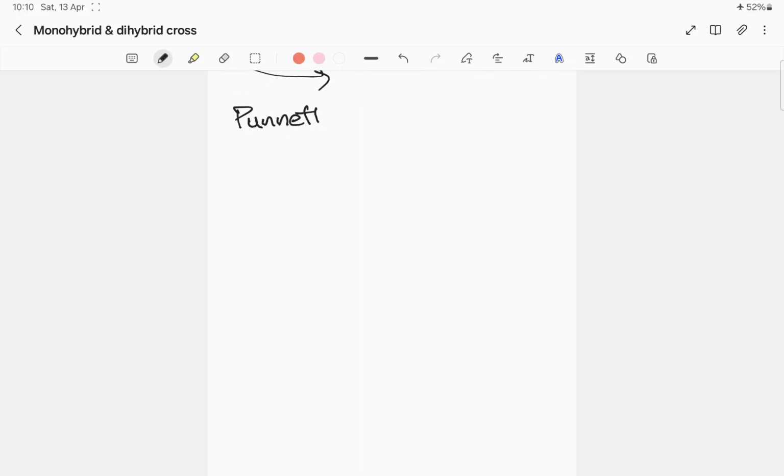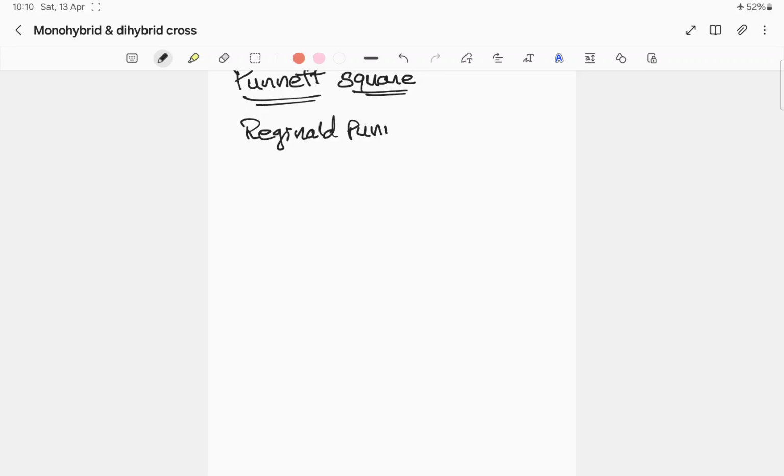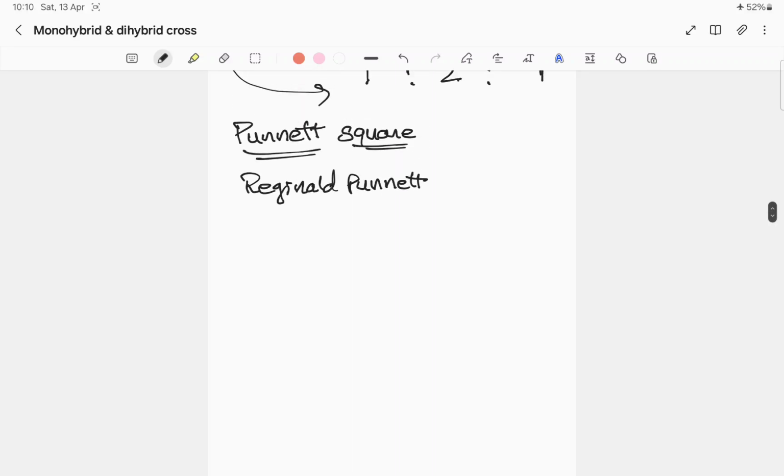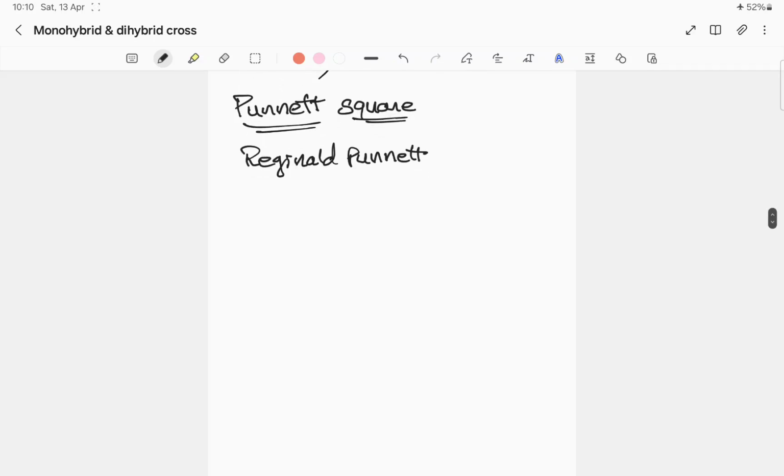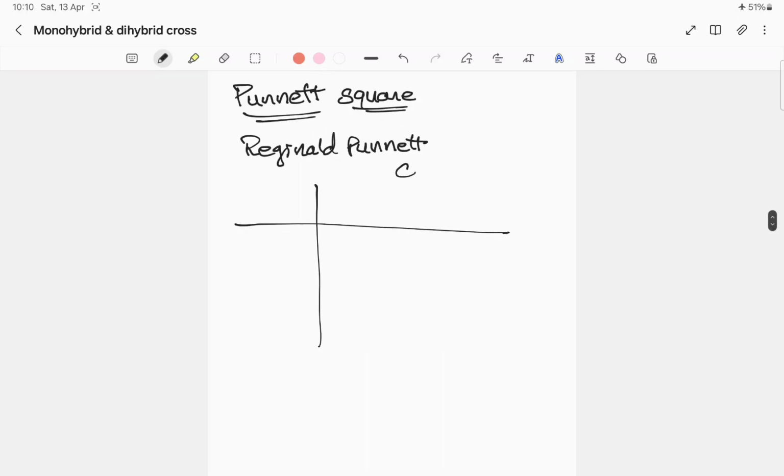And now I want to explain to you about the Punnett square. There is a scientist named Reginald Punnett. He discovered this Punnett square. Let's understand what this Punnett square actually is. Normally, for example, like this we have to take. On one side we have to take the female and on another side we have to take the male parent, right?